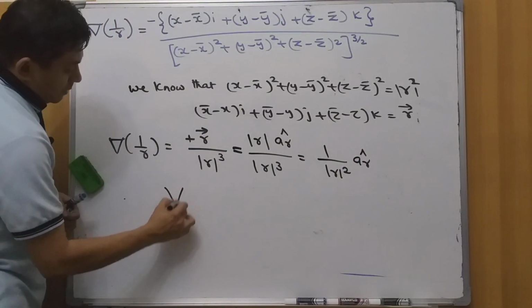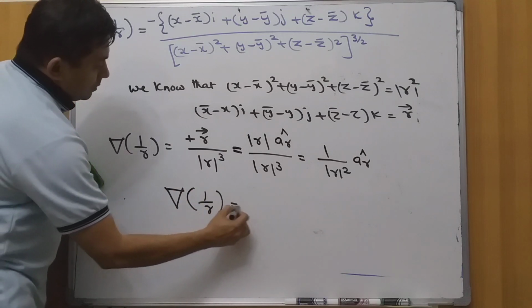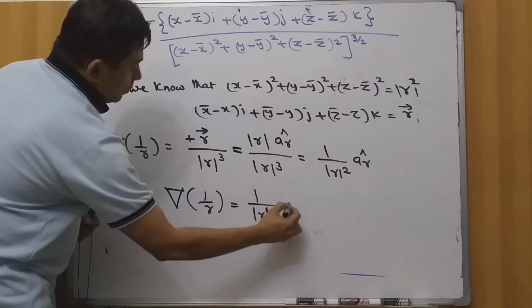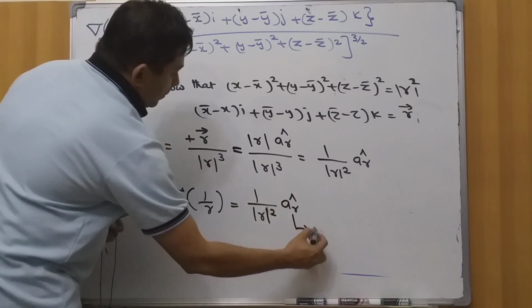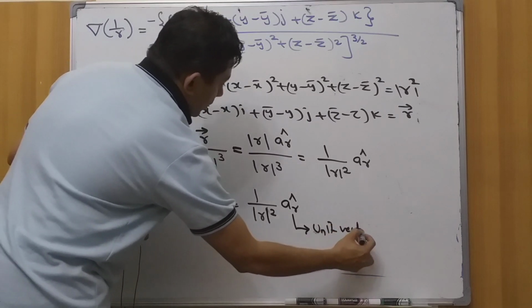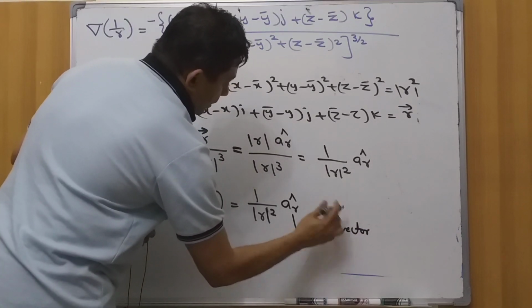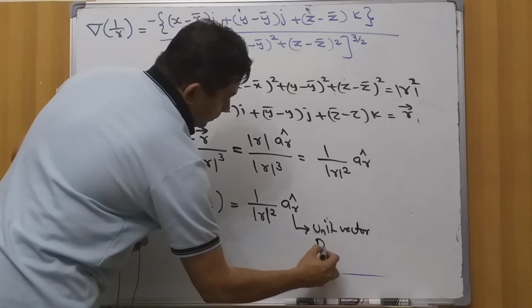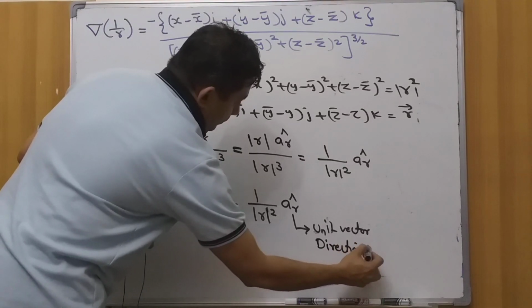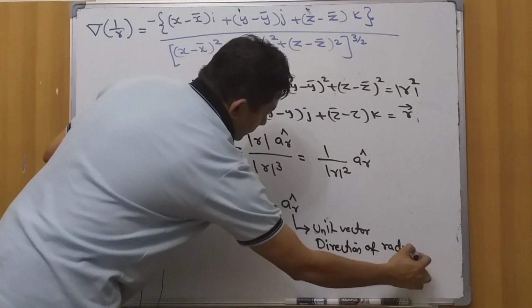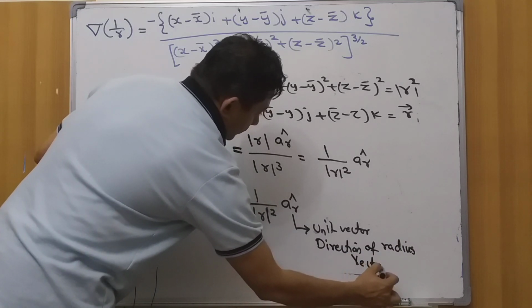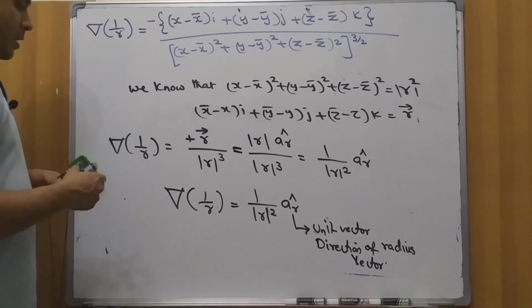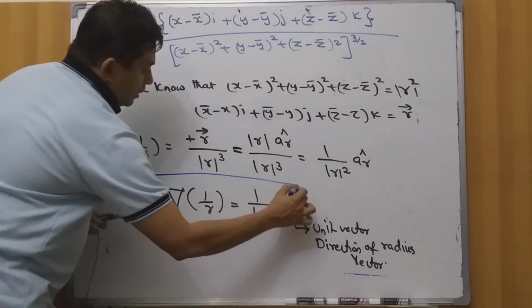The final answer is del of 1 by r is equal to 1 by r square, then ar cap, where ar cap is nothing but the unit vector which indicates the direction of the radius vector, and the absolute value of r indicates the magnitude of r. So this is the final equation.